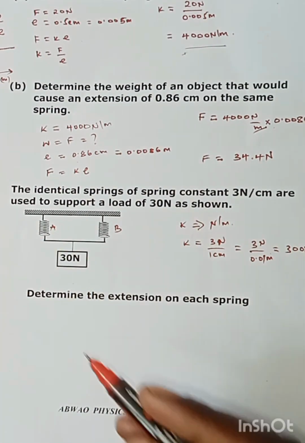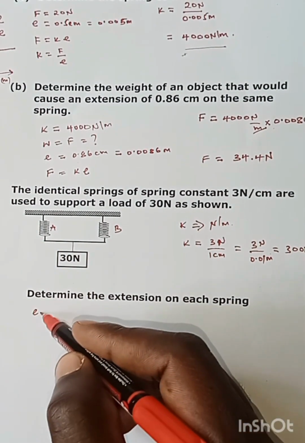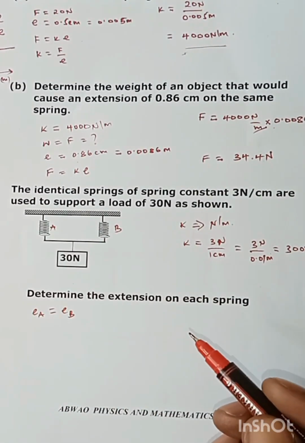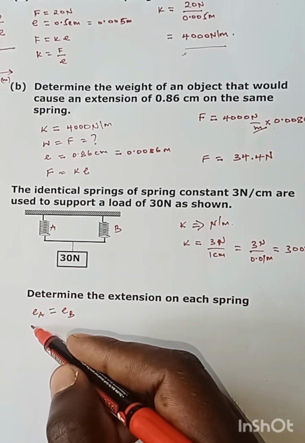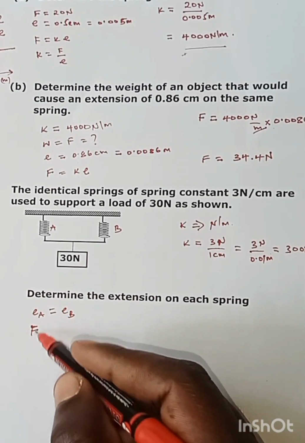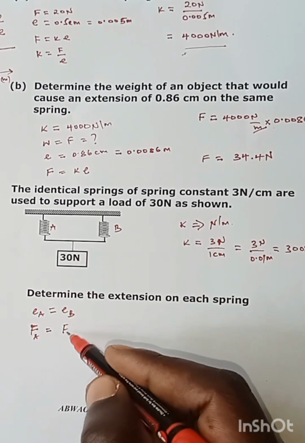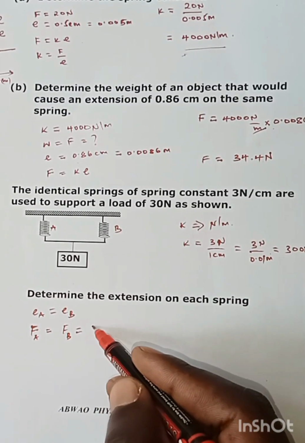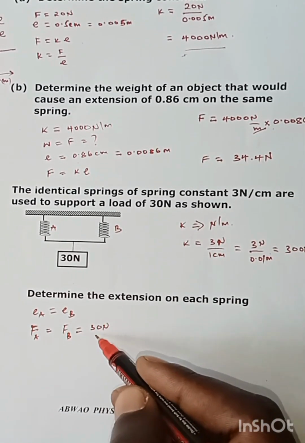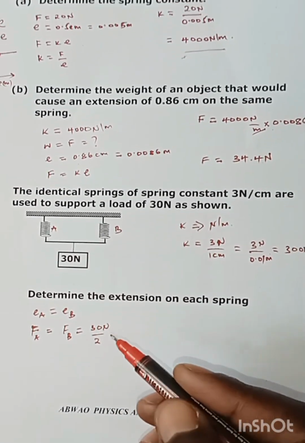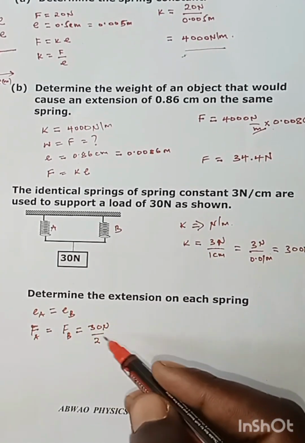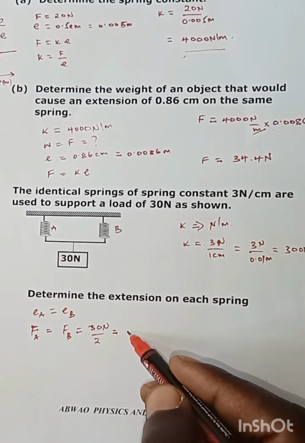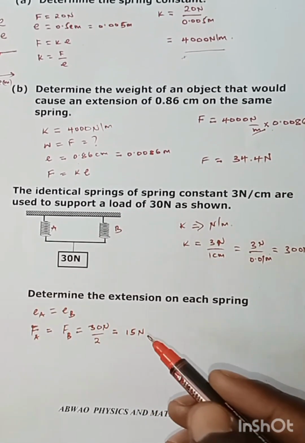So extension in A is equal to extension in B, and force in A is equal to force in B, and that force in A or B is equal to 30 newtons divided by 2, since we have said they share the weight, and therefore that is equal to 15 newtons.